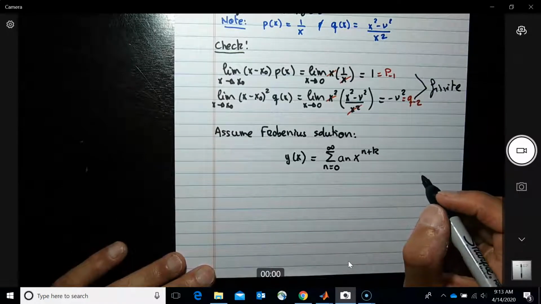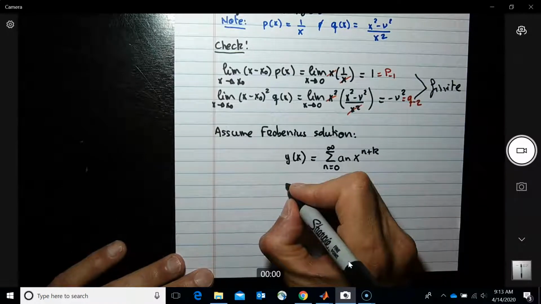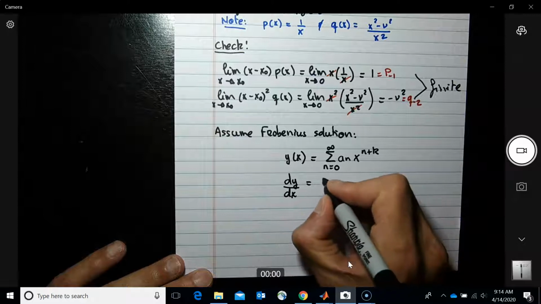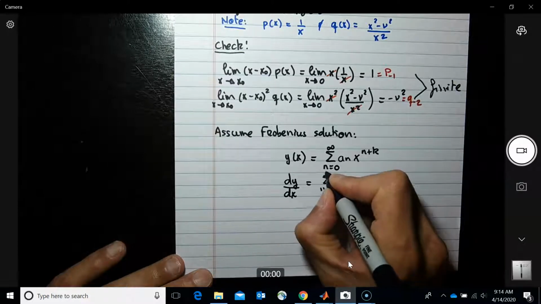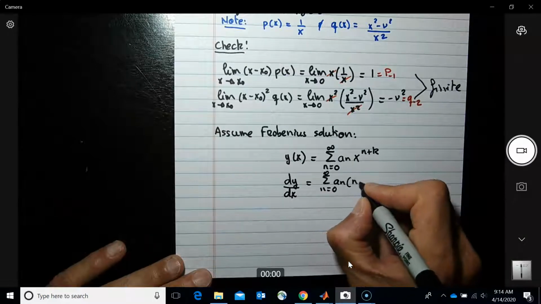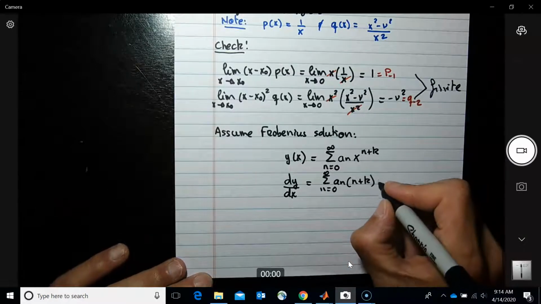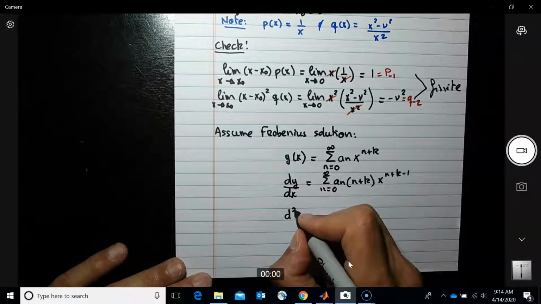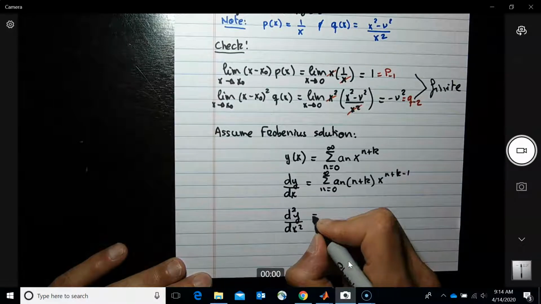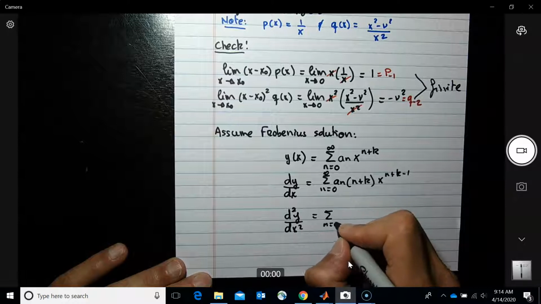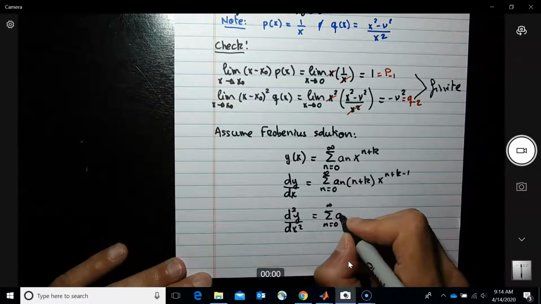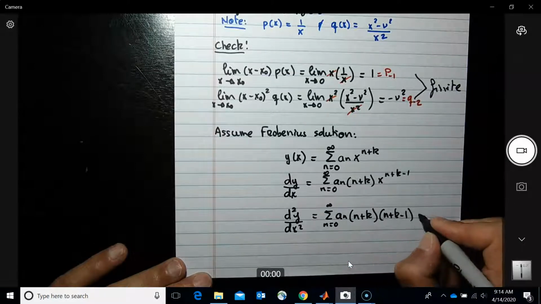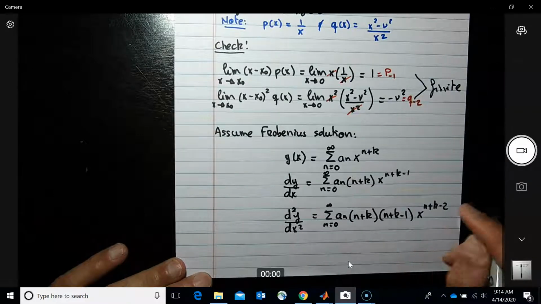Okay, so let's do it one more time: dy dx is equal to the summation n equal to 0 to infinity of a sub n (n plus k) x to the n plus k minus 1, and the second derivative will be the summation n equal to 0 to infinity of a_n (n plus k)(n plus k minus 1) x to the n plus k minus 2.